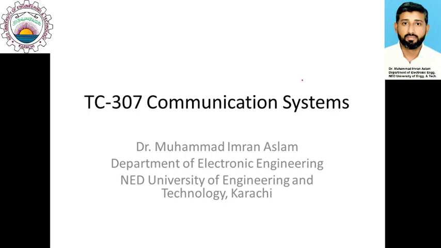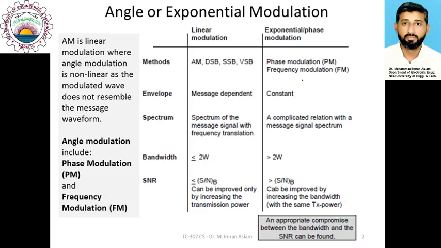So for today's discussion, we'll be starting the discussion on angle modulation or exponential modulation. If you recall, in the discussion of AM modulation, AM modulation is basically classified as linear modulation, as the modulated signal is actually representative of the information.